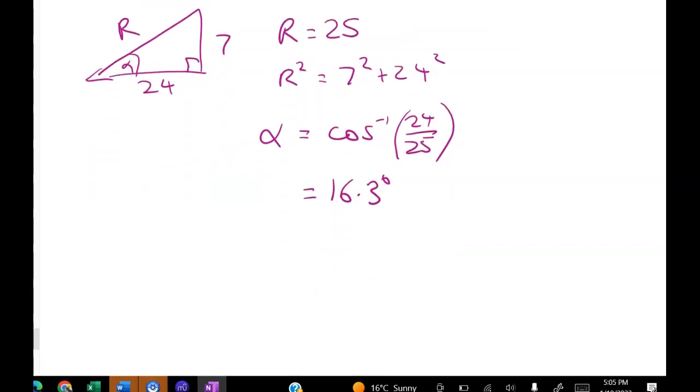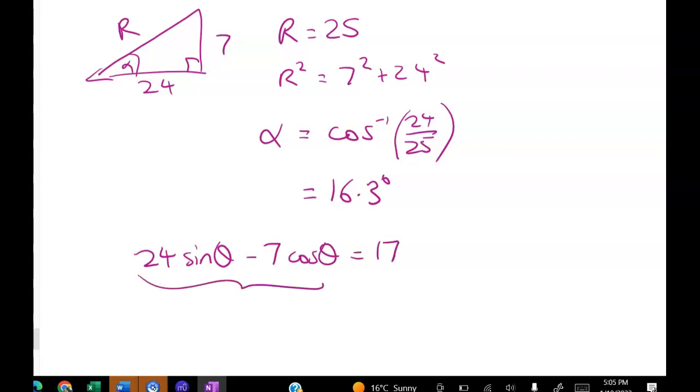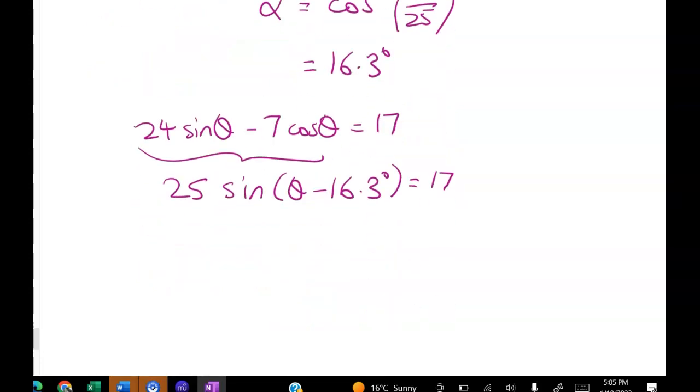Okay, so if we've got 24 sine theta minus 7 cos theta is equal to 17, we can rewrite this side as r, 25, sorry, we're doing a sine compound angle, 25 sine of theta minus 16.3 degrees is equal to 17. So we can now write that as sine of phi is equal to 17 over 25.